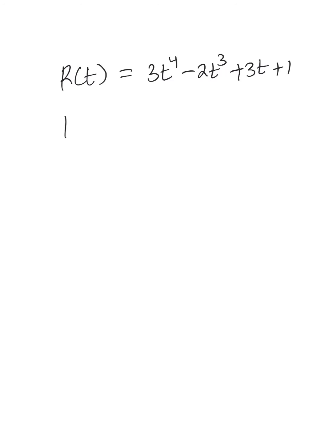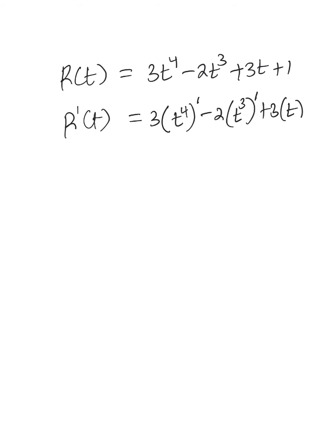The last question I'm going to discuss under powers of x, or powers of any variable. I have r as a function of t is 3t to the power 4 minus 2t cubed plus 3t plus 1. The derivative of this function, the rule is simple. Get 3 multiplied by the derivative of t to the power 4, minus 2 multiplied by the derivative of t cubed, plus 3 multiplied by the derivative of t, then plus the derivative of 1.